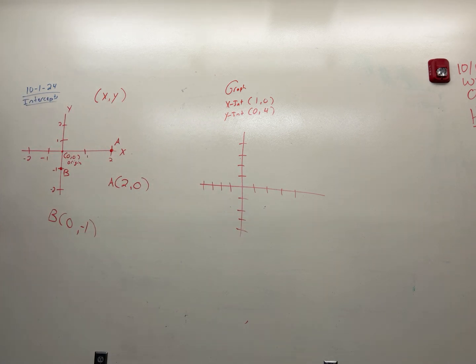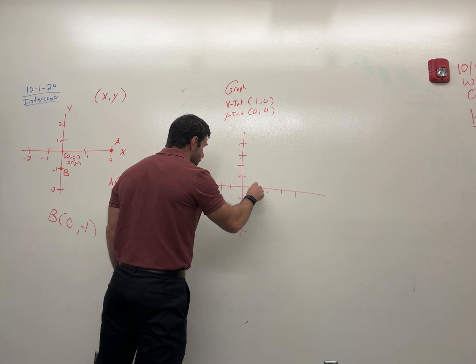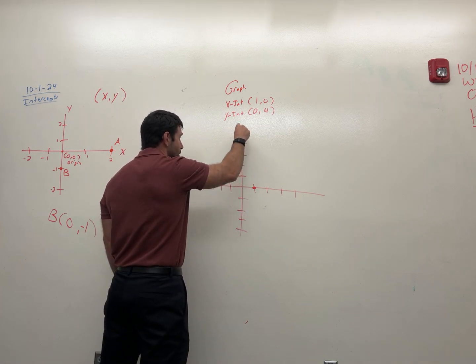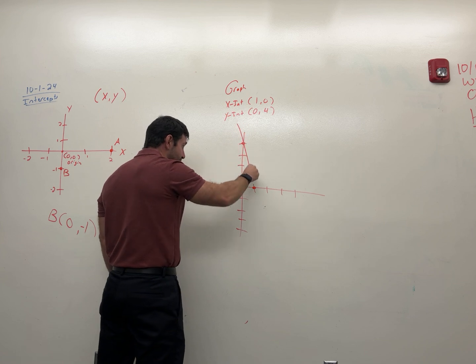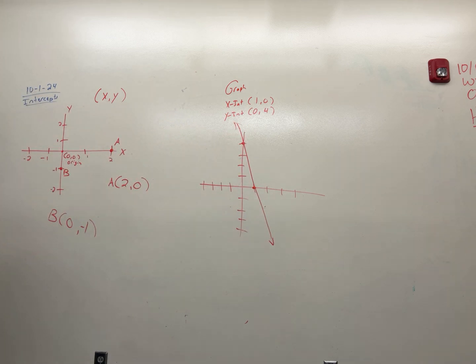Intercepts mean they have to be on the axis. So 1, 0 is here. My x-intercept is 1, 0. My y-intercept is 0, up 4. The line that it connects is there. That's me graphing them.